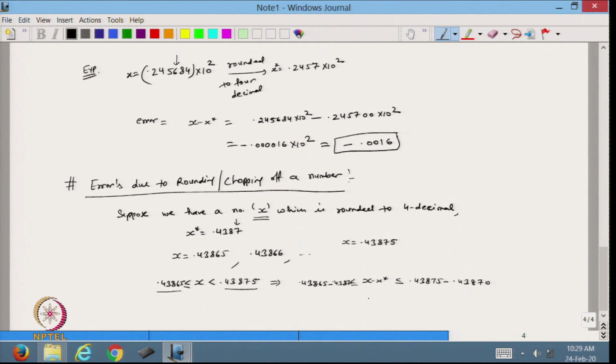So, from here I can say that my x minus x star is less than 0.00005, and this is not an equal sign, it is less than. And this one is 0.43865 minus 0.4387, so I can write minus 0.00005.